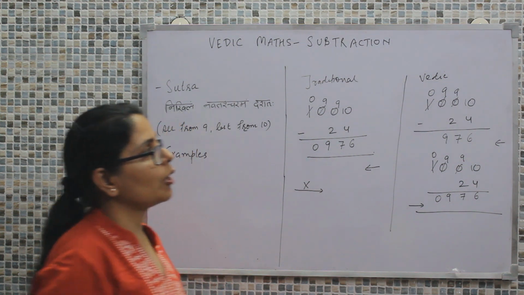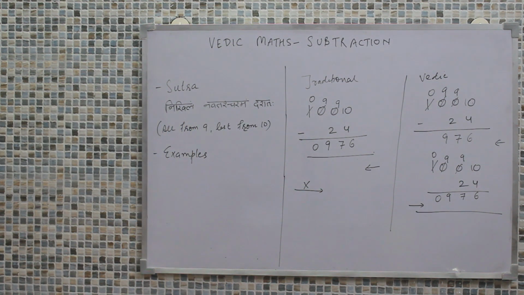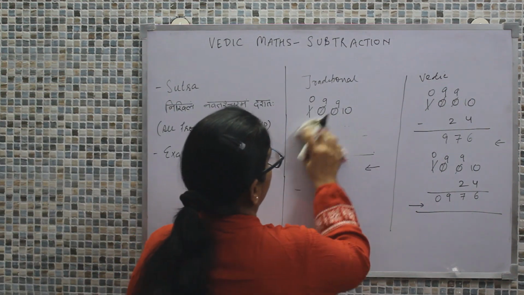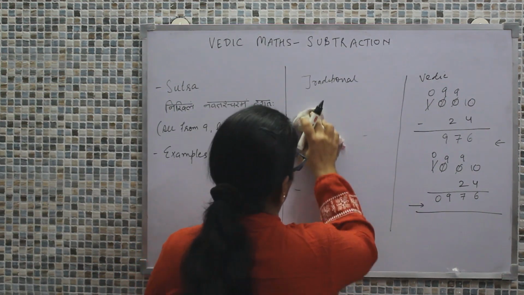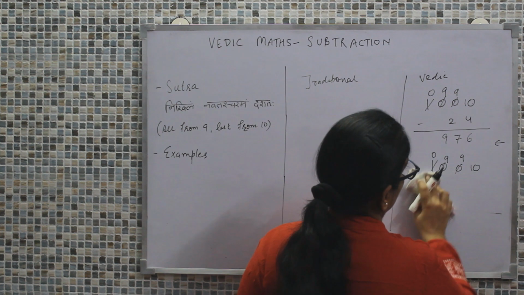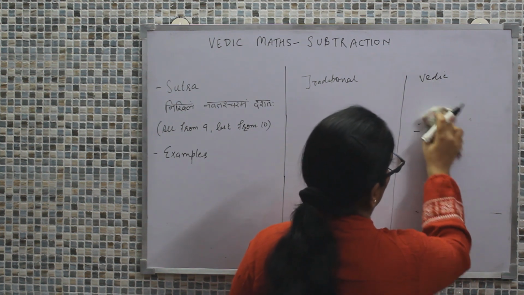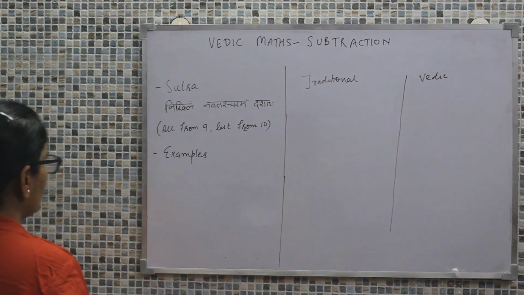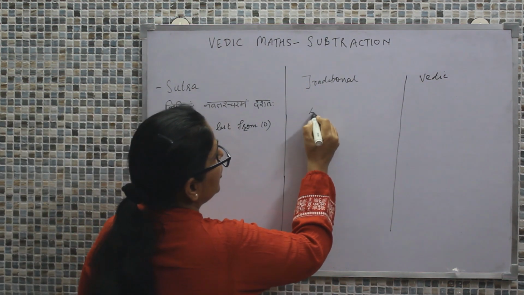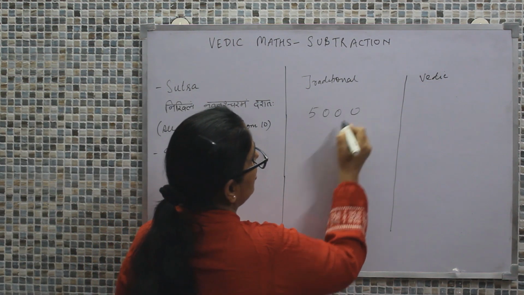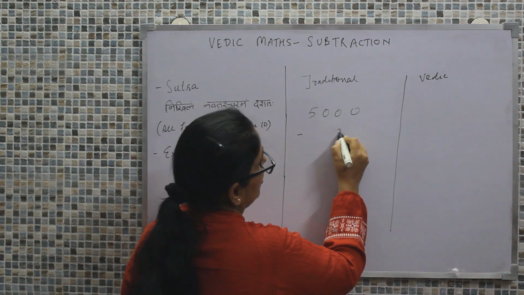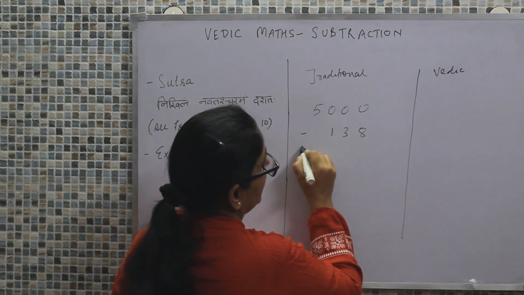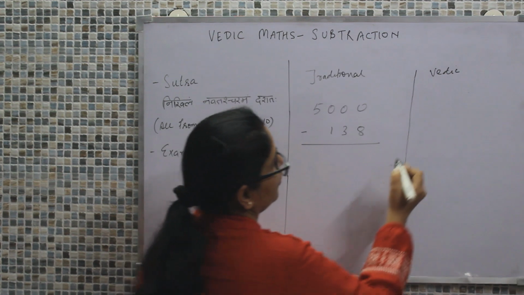Let's take another example. We'll go with 5000 minus 138.